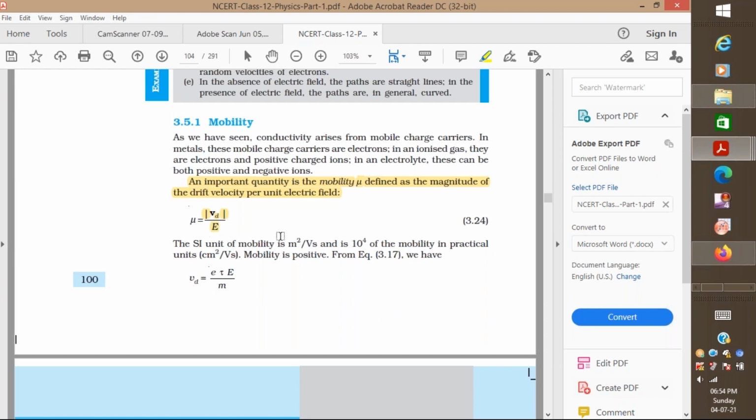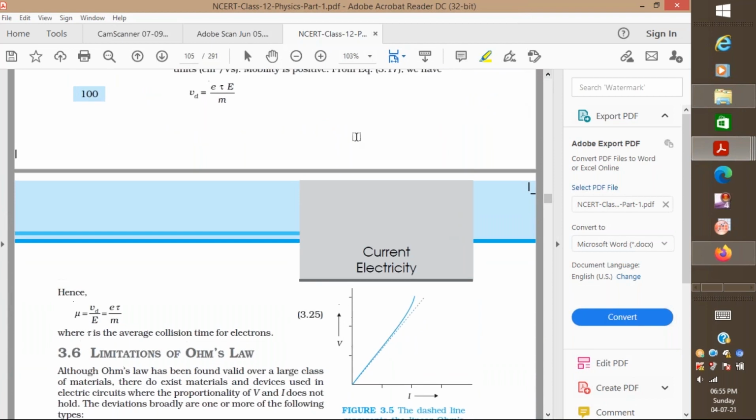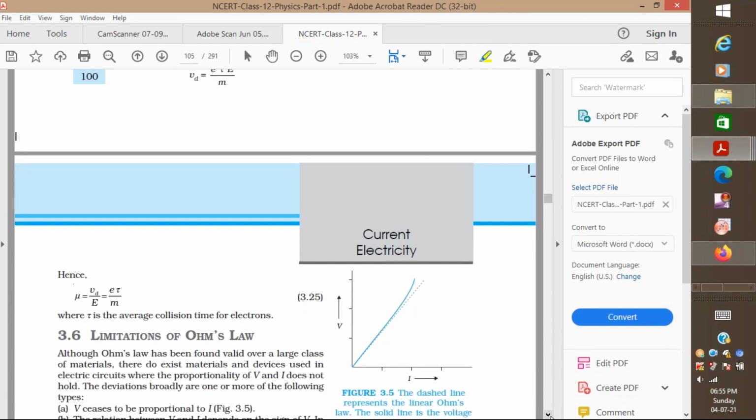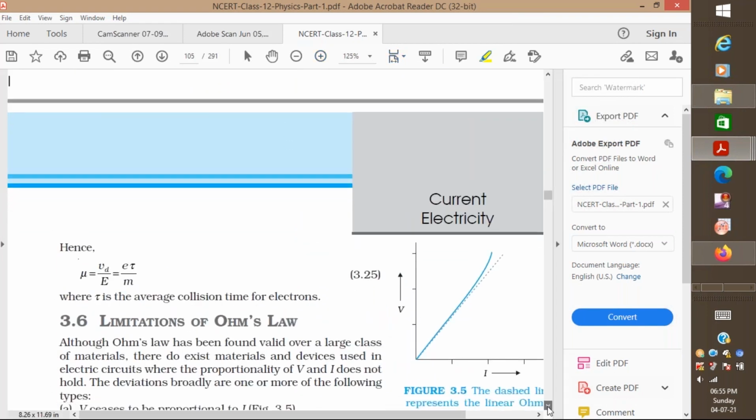If you want to find out the mobility, I know the drift velocity is eE tau by m. If I take the magnitude, it is e into E by m into tau. This is the expression for the drift velocity, and if you divide by the electric field, what you get is e tau by m. So this is your mobility.